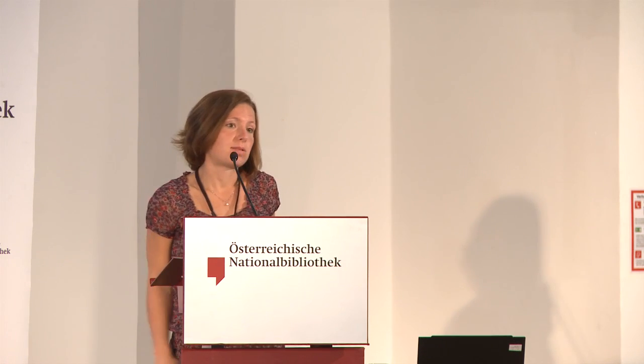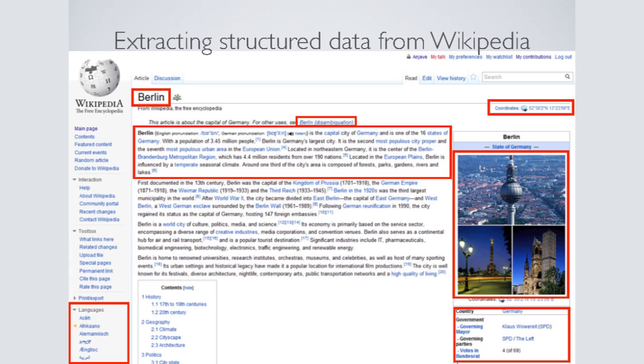So what is there to extract on Wikipedia? First of all, you have articles in different languages. You can extract the label, the title for each of these articles and entities of the real world. Furthermore, we extract abstracts in all these languages that are available to display in any of your applications you want to build upon these.